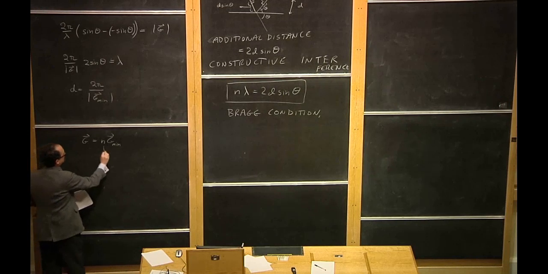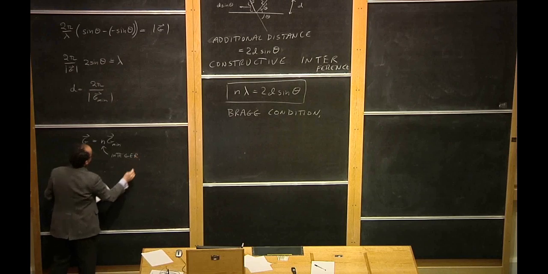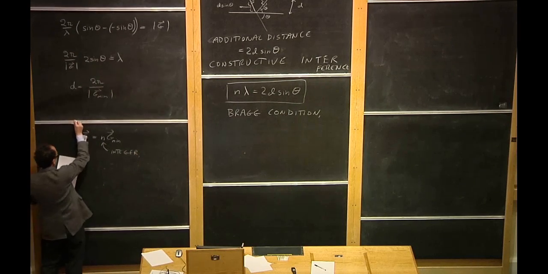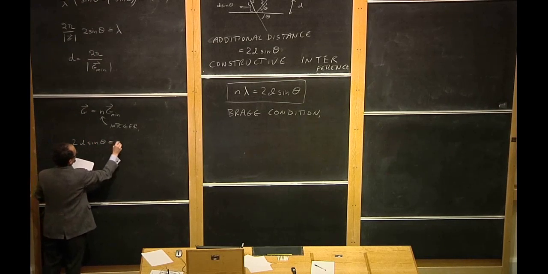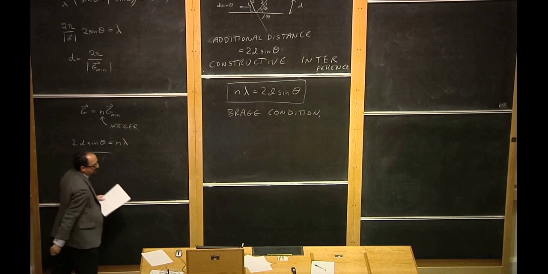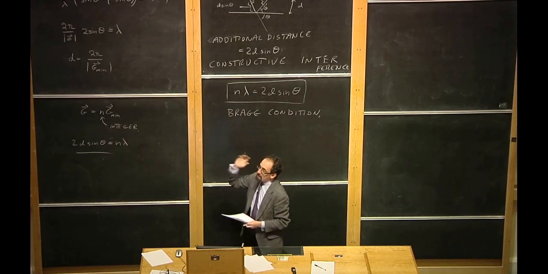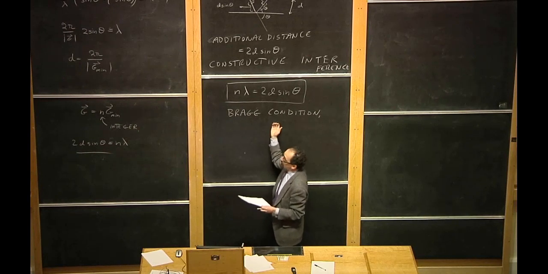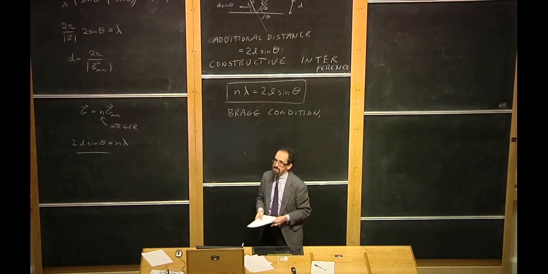So n is some integer. So substituting this equation and this equation into the equation just above gives us 2d sine theta equals n lambda, the Bragg condition. So what we've shown is that the Laue condition, this conservation of crystal momentum, is the same thing as requiring constructive interference or having the Bragg condition satisfied.